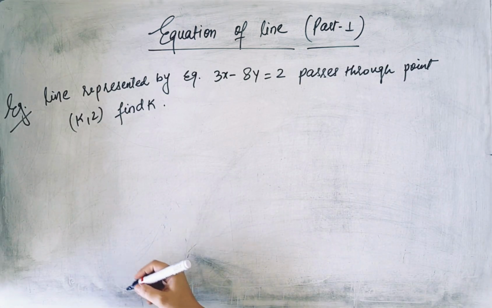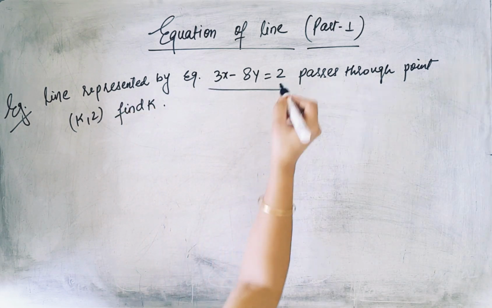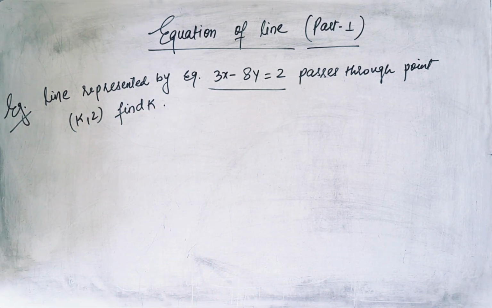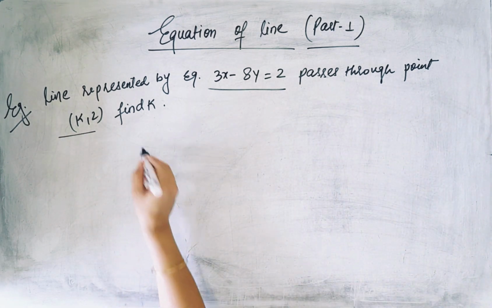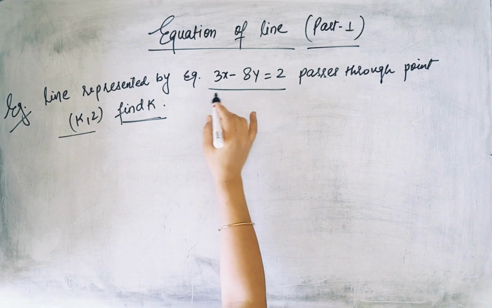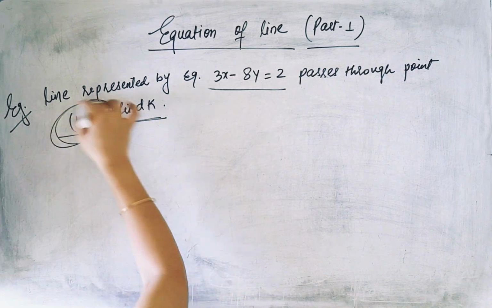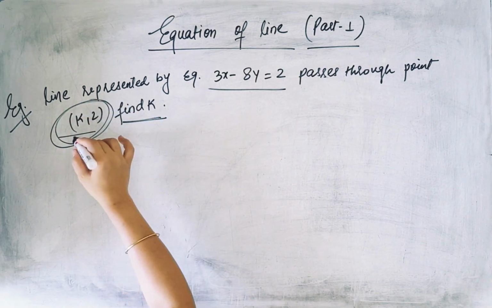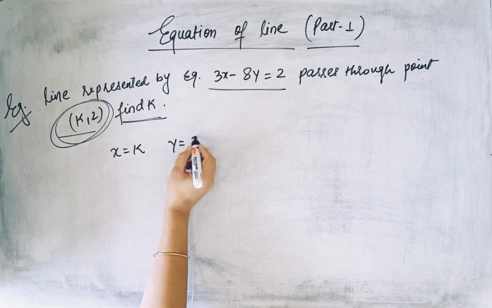Now the next example: the line represented by the equation 3x minus 8y equals 2 passes through the point k comma 2. So we have to find k. They have told that this line passes through this point, that means x equals k and y equals 2.